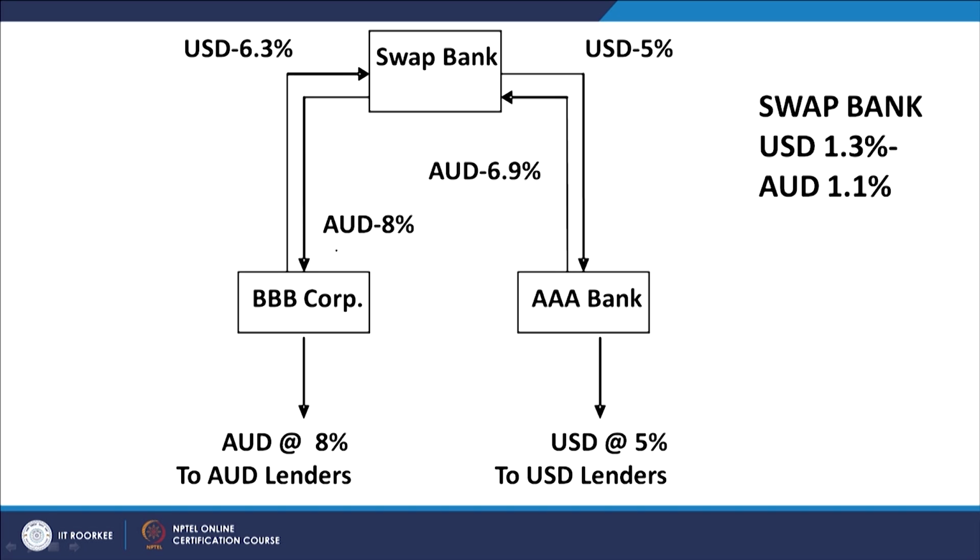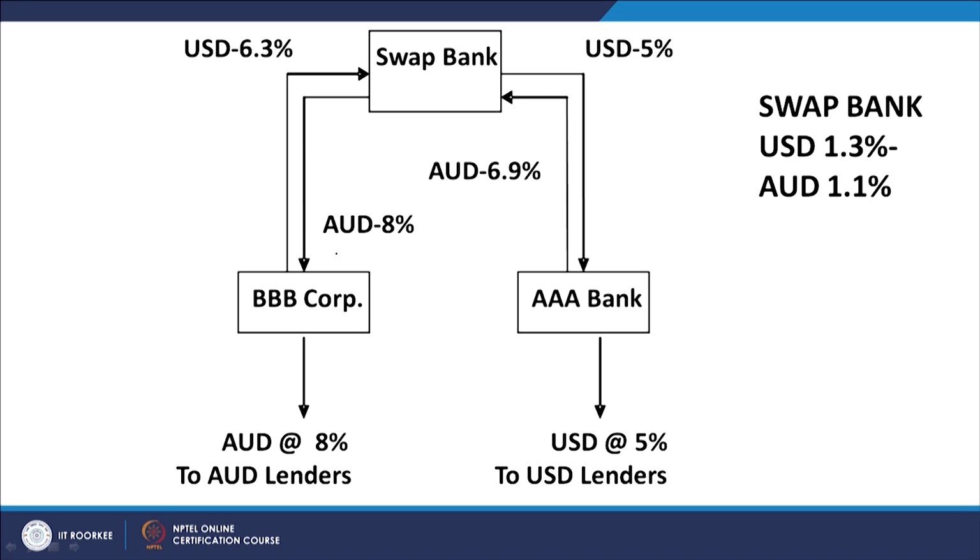Let us look at the US dollars. AA has borrowed US dollars and against US dollars, it is receiving US dollars from BBB. Australian dollars, it borrows at the rate of 8% and it receives an 8% stream from the swap bank, which it passes on to the Australian dollar lenders, right.